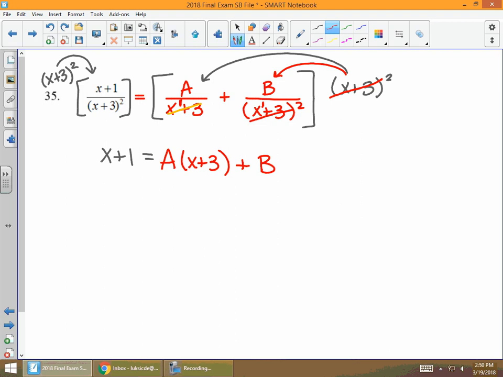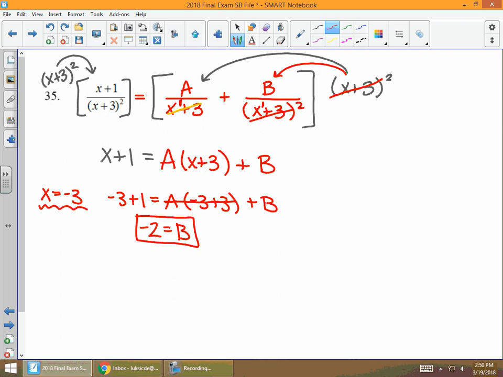We can still use our convenient x's here. The obvious convenient x to use is negative 3 to get our a term to zero out. So that gets our a term to zero out, and so b is negative 2. We could think a little more on the setup for this one, but I think it's easier than the last problem.